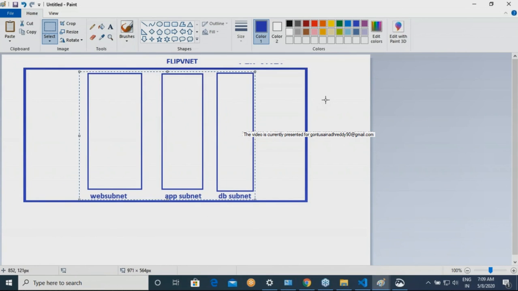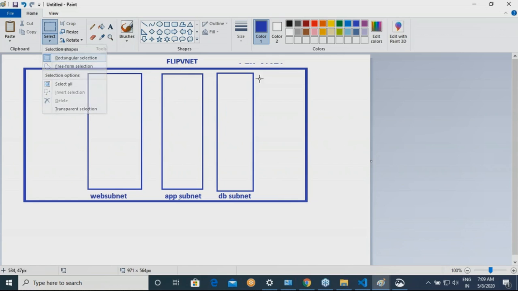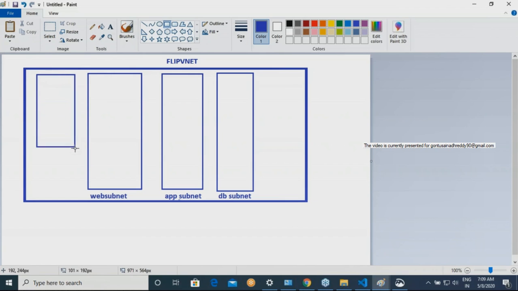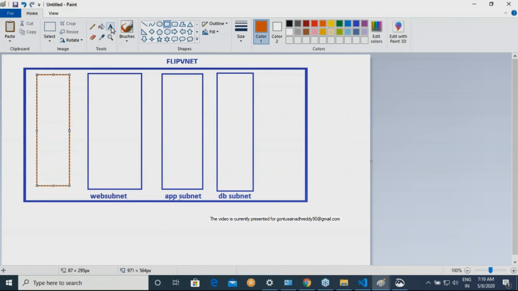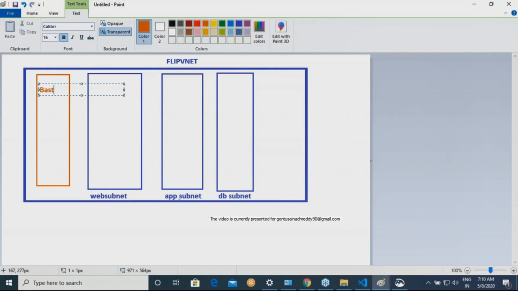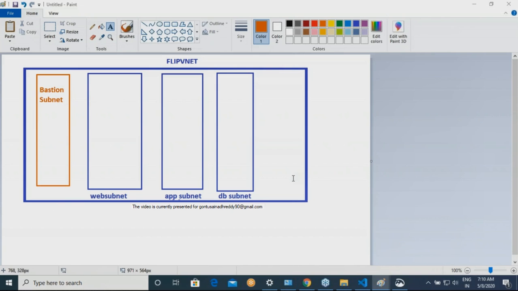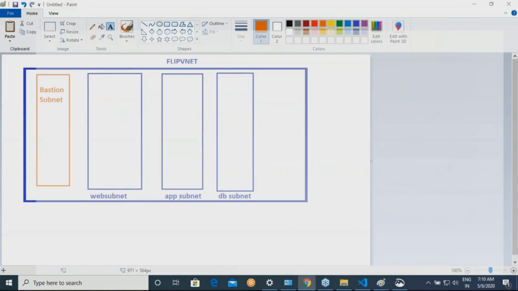Along with this, we'll also learn something called Bastion subnet. I'm drawing it in a different color just to show you. We'll try to understand what this is. Even if you don't understand, that's fine.